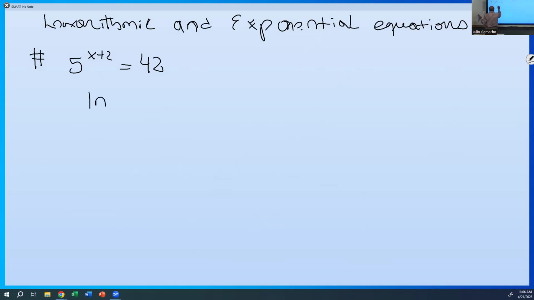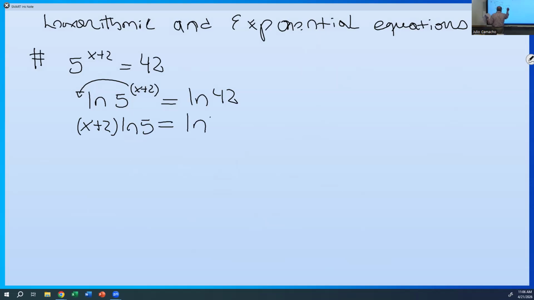You have the natural log of 5 to the x plus 2 is equal to the natural log of 42. Then I will use the power rule to move the x plus 2 to the front. And you have that x plus 2, in parentheses, times the natural log of 5 is equal to the natural log of 42.